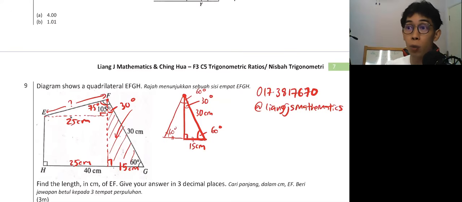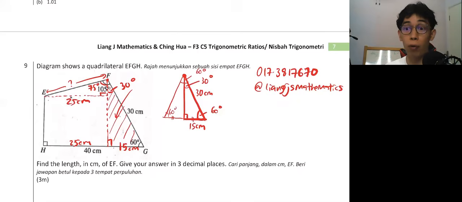This question, I'm not continuing it. I will tell you the answer and you see whether you can get it or not. The answer is, 3 decimal points, right? Let me type it for you first.